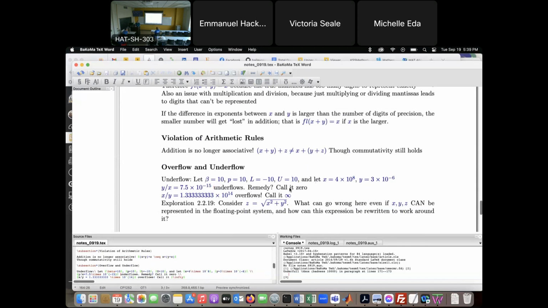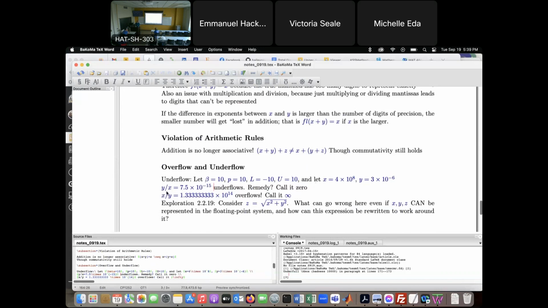You just declare it to be 0, so that your computation can proceed. Now, if you were counting on a non-zero number because you were going to divide by it later, then you do have a problem. But underflow is relatively negligible as an issue compared to the opposite, overflow.